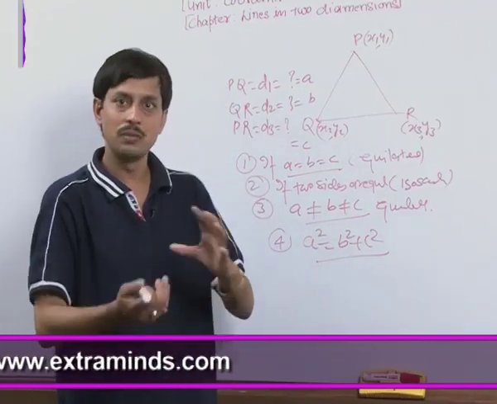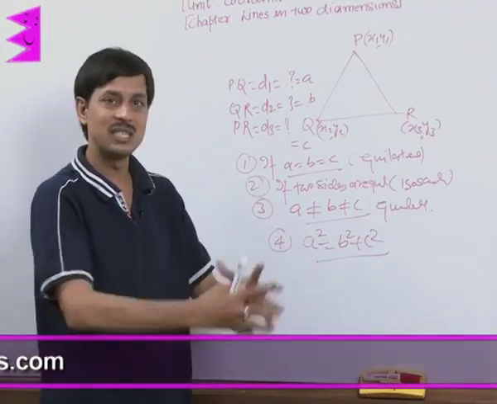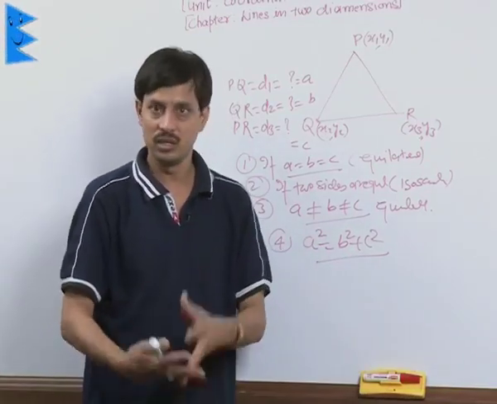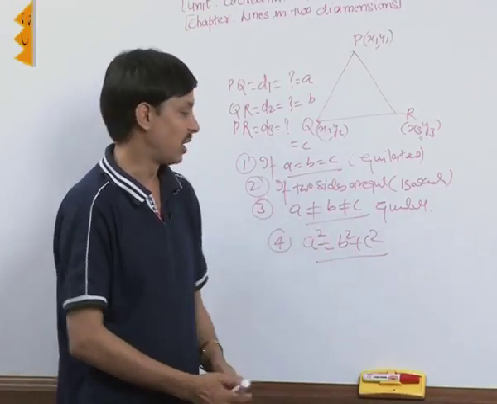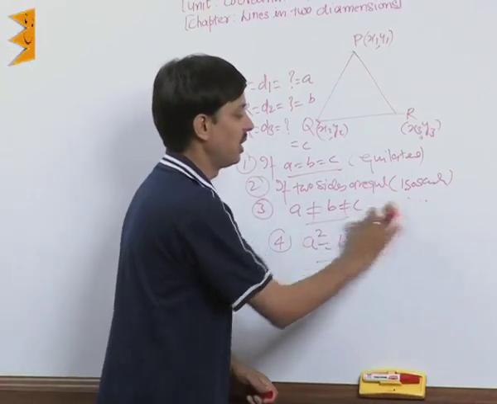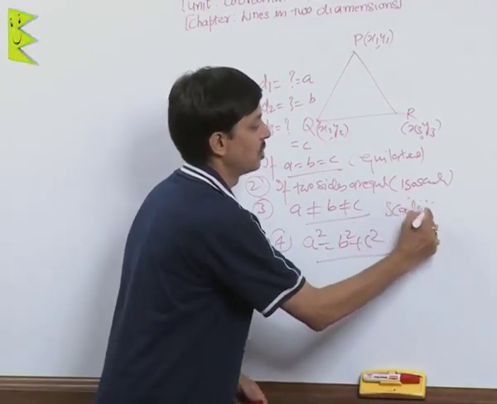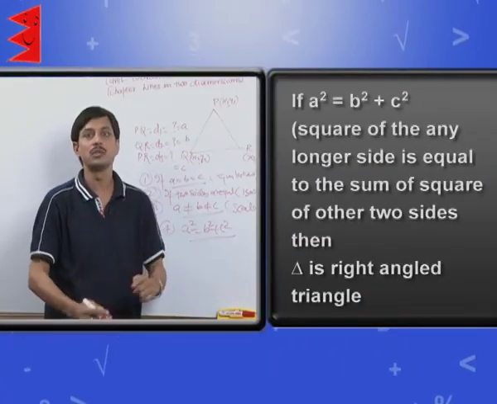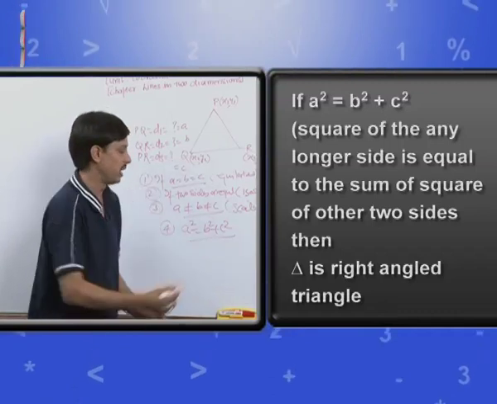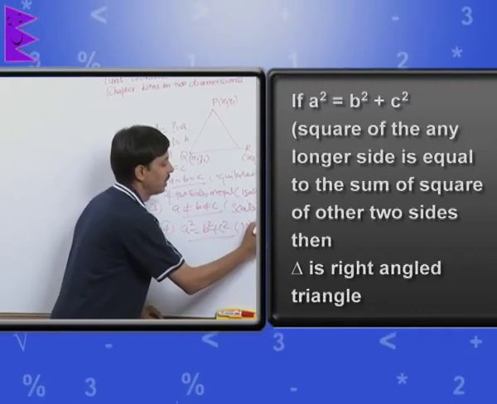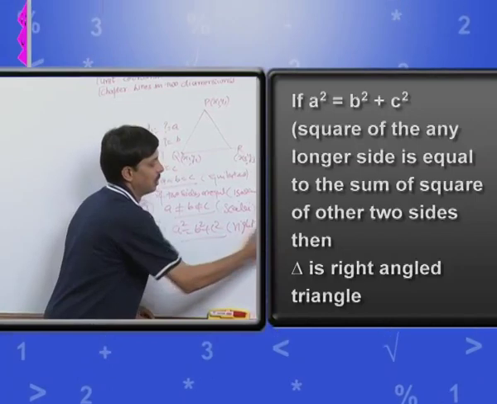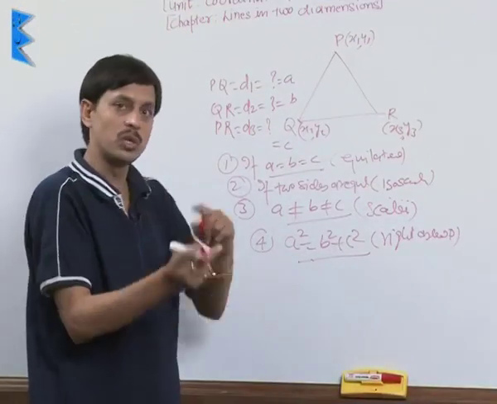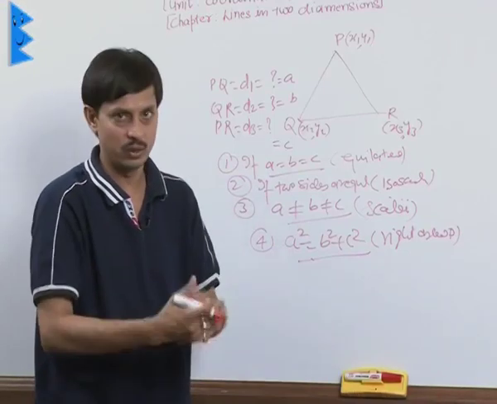If all lengths come equal, it is equilateral; if two lengths come equal, it is isosceles; if all three lengths are different, it is a scalene triangle. And third, if the square of the longest side is equal to the sum of squares of the other two sides, it is a right angled triangle. If we find the other two sides are equal, we say it is right isosceles also.